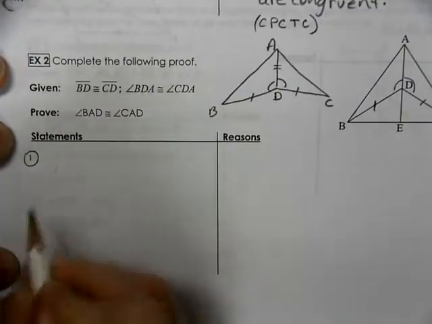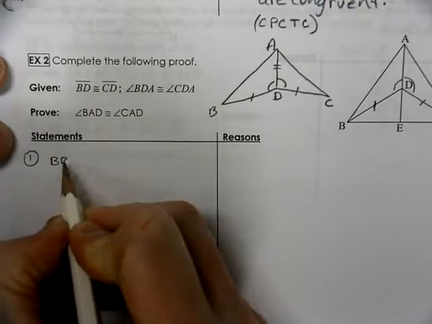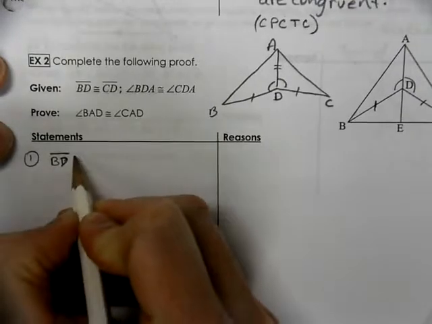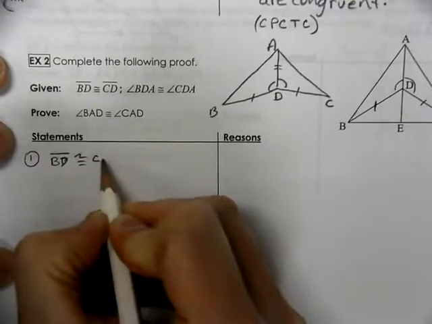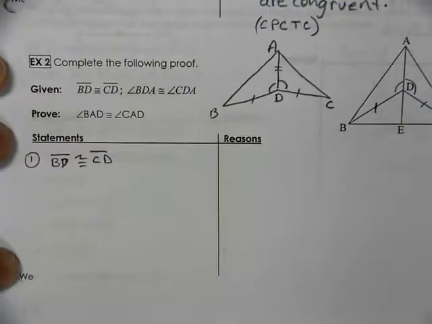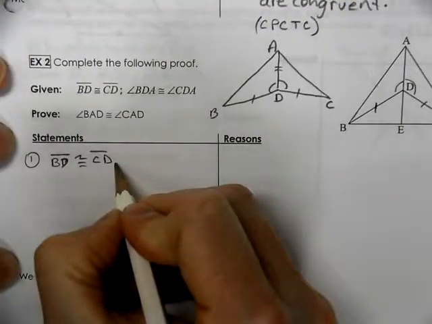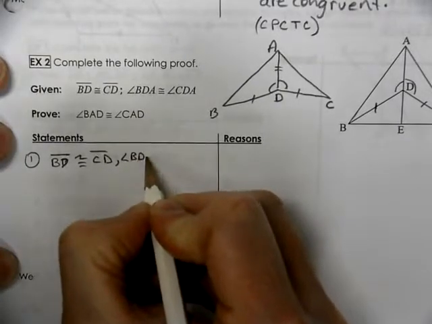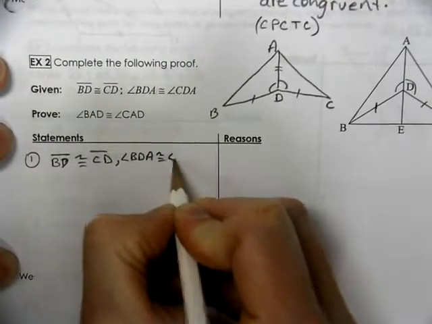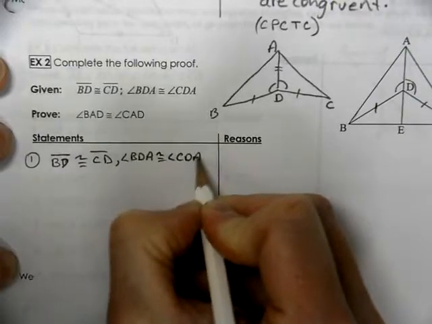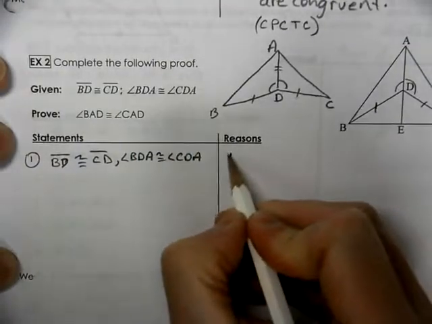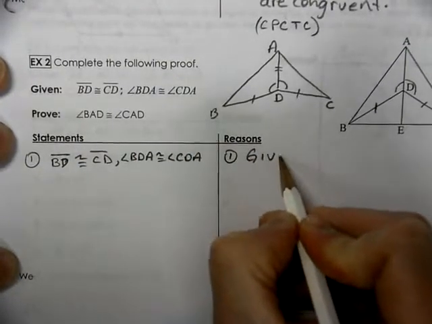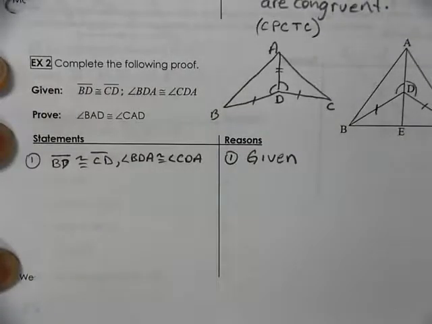Step number one. I have segment BD congruent to segment CD. I also have angle BDA congruent to angle CDA. That was from my given information.